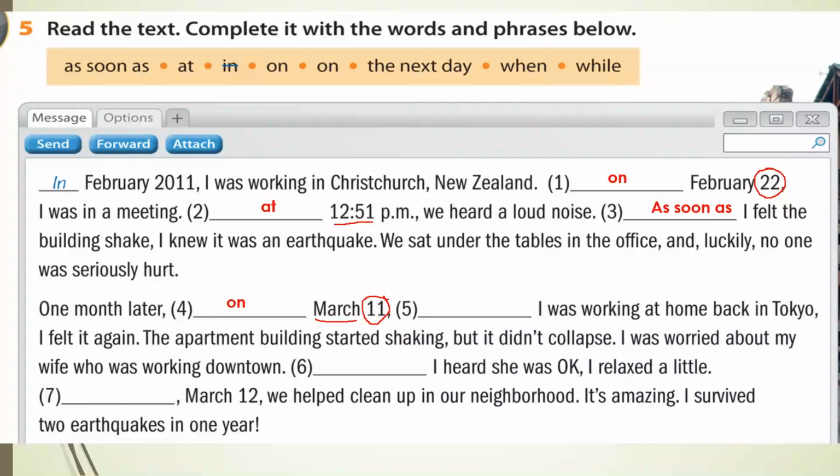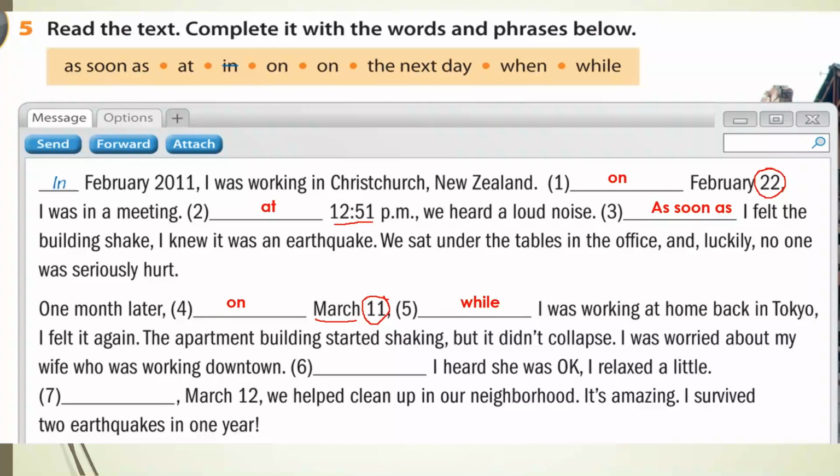I was working at home back in Tokyo, I felt it again. While something was happening, while I was working at home back in Tokyo, I felt it again. The moment I was there, I felt it again.